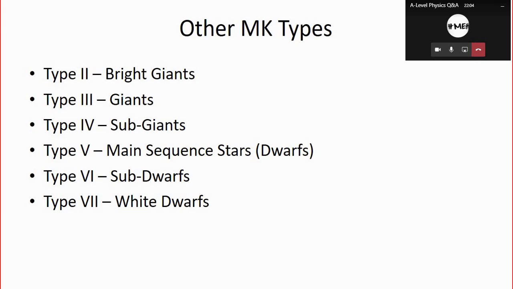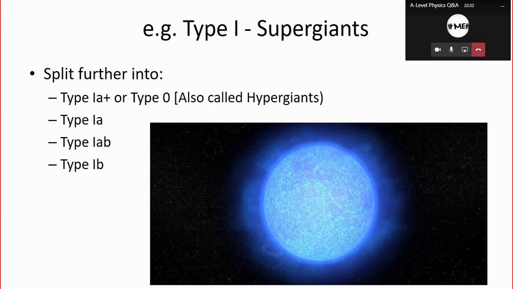Just remember giants, dwarfs, and then the part of this classification system where the sun comes in is the main sequence. If we did GCSE triple, that should be vaguely familiar to us when we did stellar evolution. So main sequence stars, like the sun, are where the majority of stars spend most of their life.